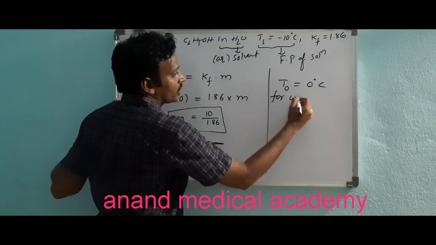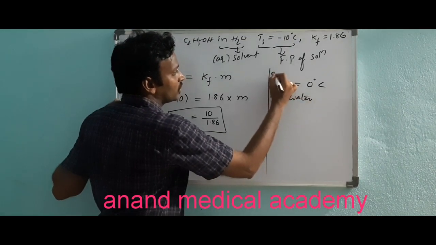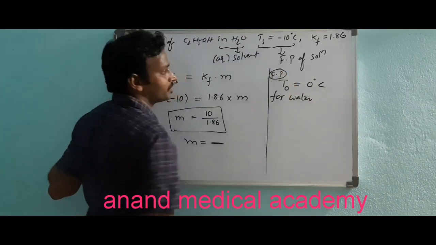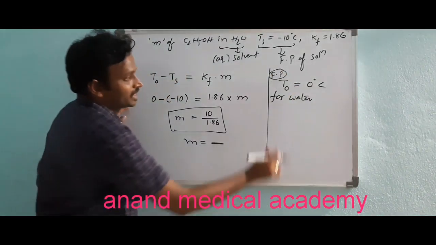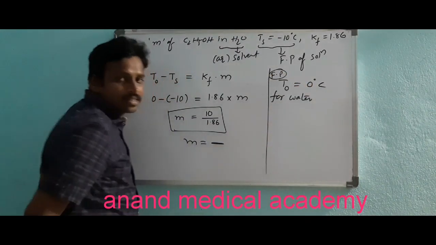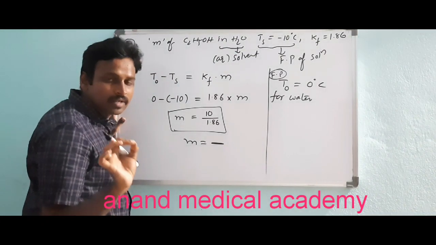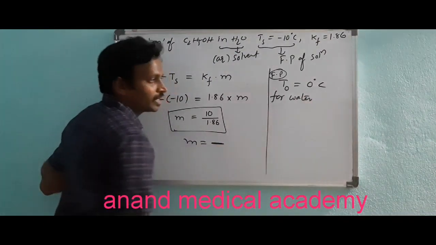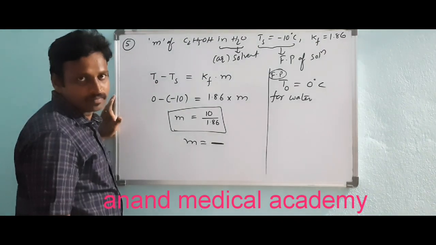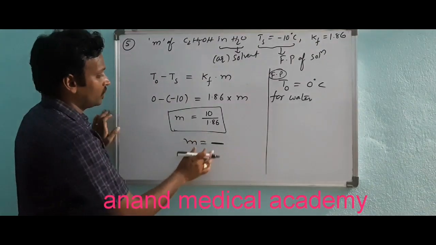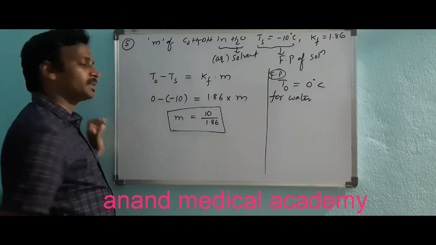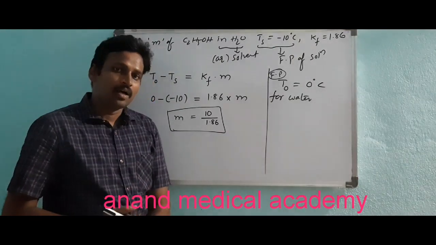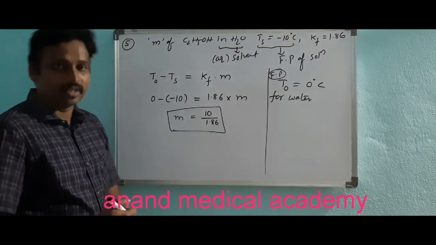T0 is what? Freezing point. Freezing point for water is 0 degrees Celsius, or else if options are given in Kelvin, I am telling you 273 Kelvin you have to take. Got it? So in that way you can find out the molality. This is our fifth numerical.